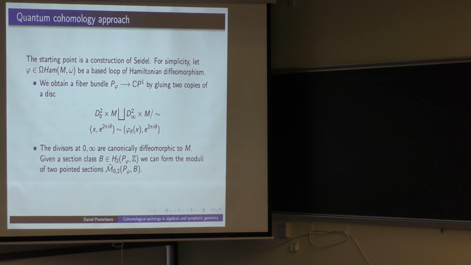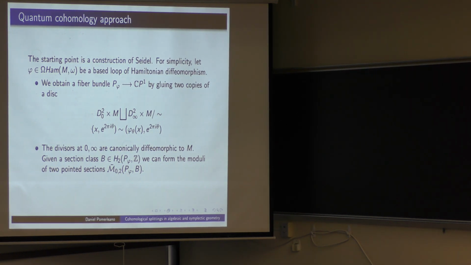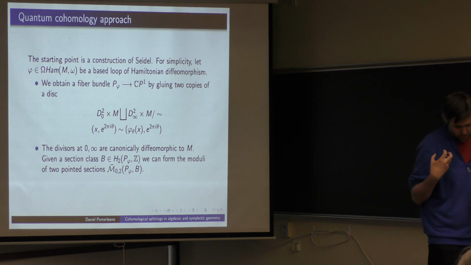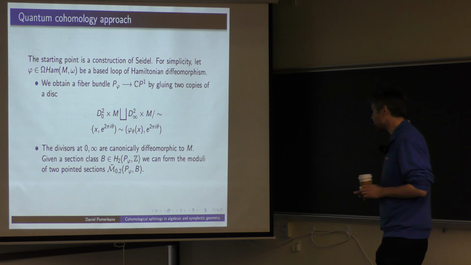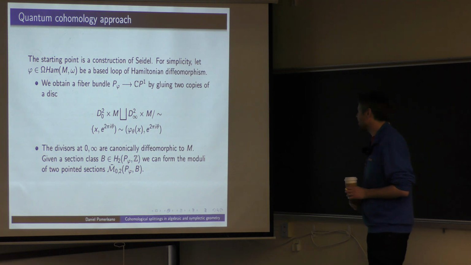Instead, I want to talk about why this came about, and why I chose to speak about it here, related to work of Mark and also other Stony Brook people who may not be here now. Basically, there's a more powerful approach to these kinds of problems using quantum cohomology that maybe should be better known. And the starting point goes back to a construction of Seidel.